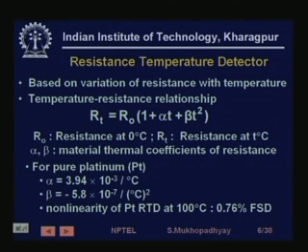Compared to alpha, it is about 10 to the power minus 4 times smaller. So if your temperature range is not too large, the response is largely linear, and you can always compensate for that. For this reason these sensors are very popular, and they can be used as more or less linear sensors, except in certain metals like nickel.